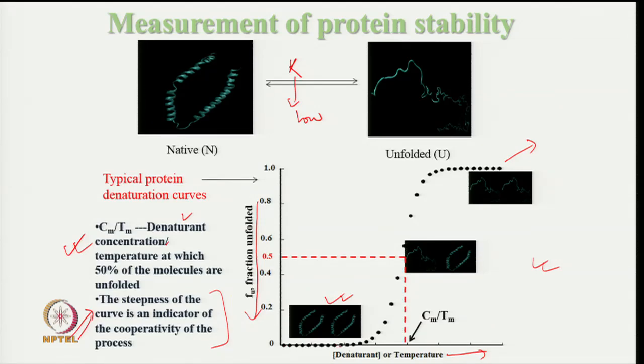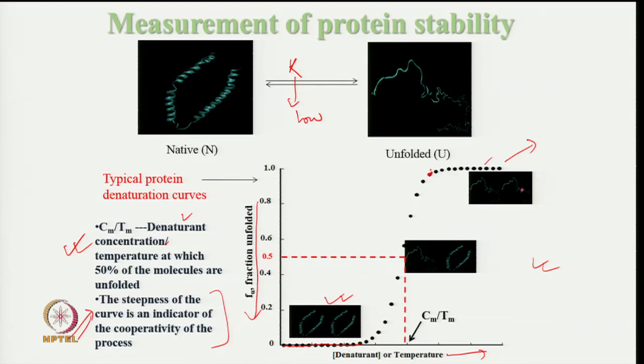What you will see is that initially there is no increase in the fraction of unfolded form, but at a particular concentration of denaturant or temperature, there is a sharp increase in the fraction of unfolded form, and at about this temperature almost all native protein has gone to unfolded protein.